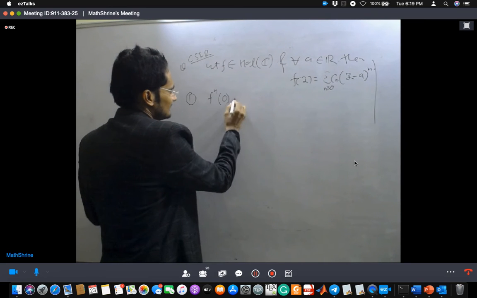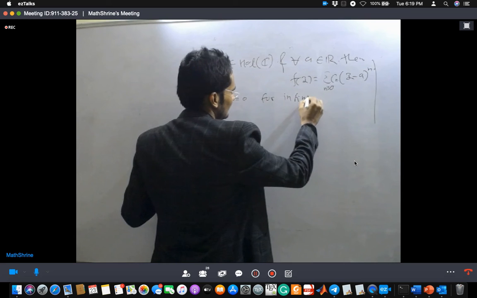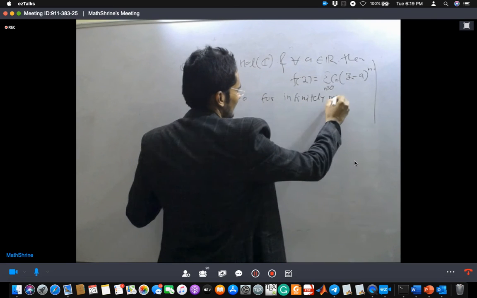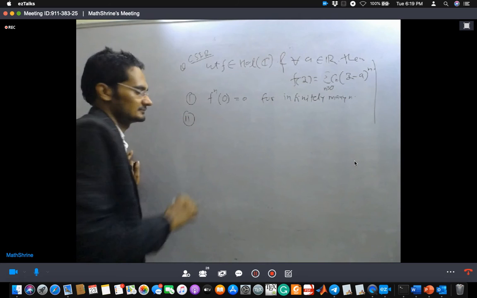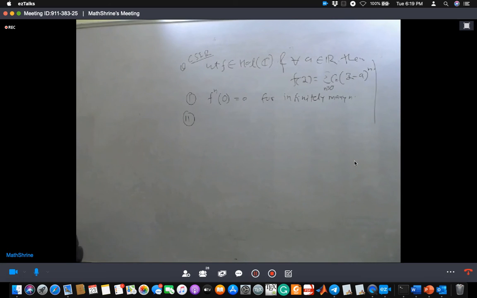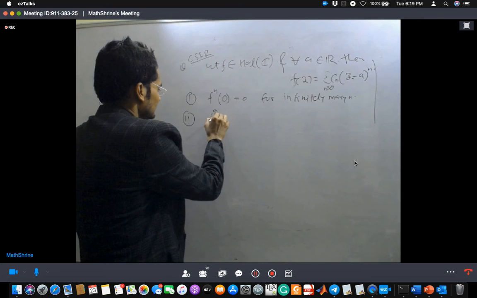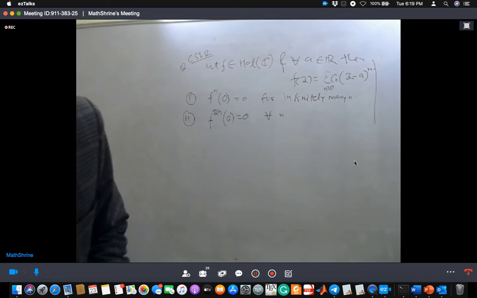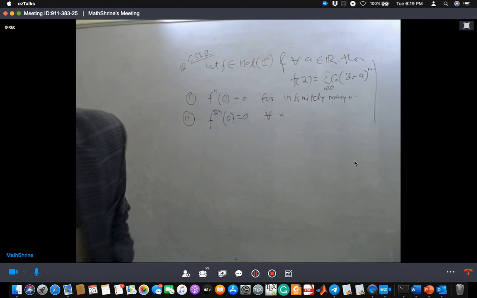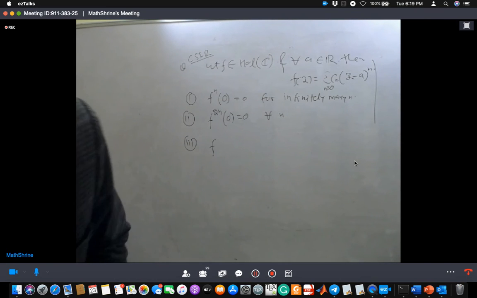Second option: the 2n-th derivative of f at 0 is equal to 0 for all n. The third option is: the (2n plus 1)-th derivative of f at 0 is equal to 0 for every n.